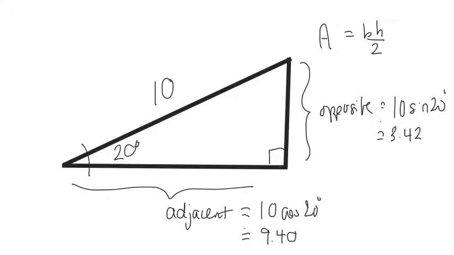So now that I have the length of the adjacent side and the length of the opposite side, I'm going to put those into my area formula.